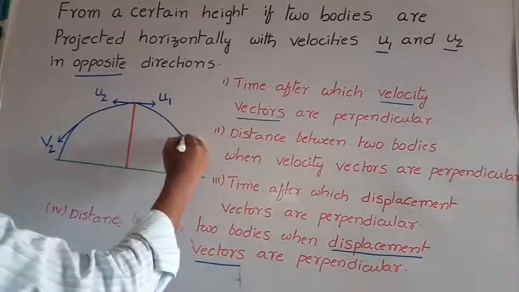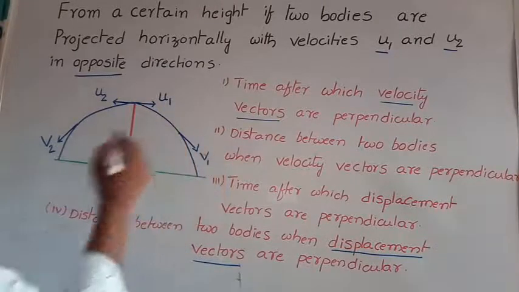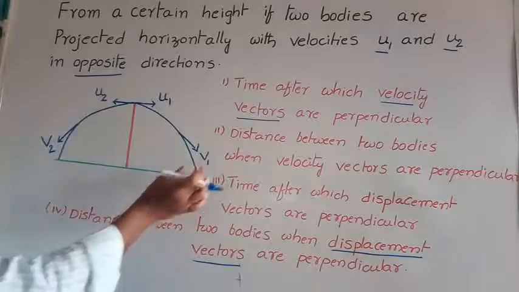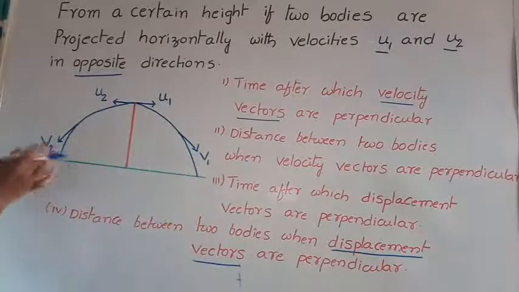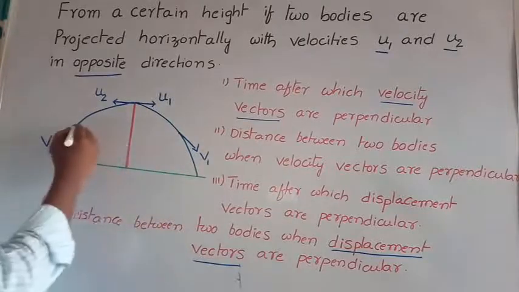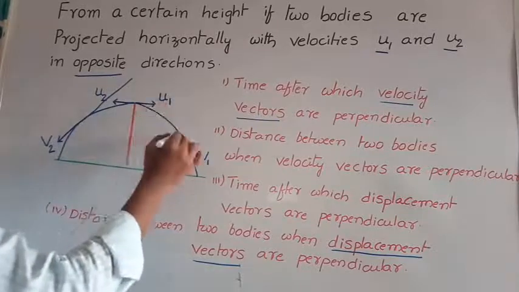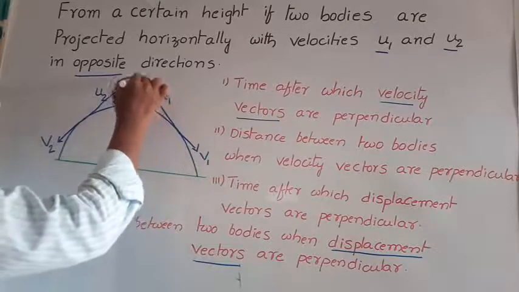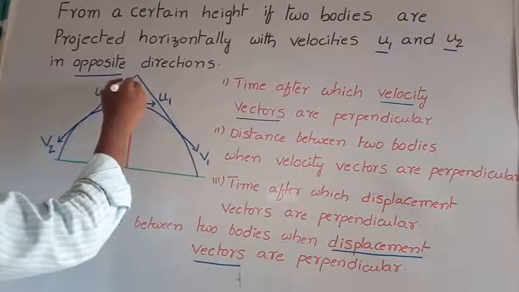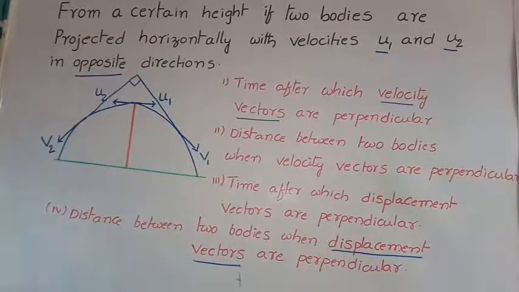Here you draw a tangent; it gives v1. If you extend these two vectors back, they will meet at one point. Assume that at this point the angle between the two vectors is 90 degrees.